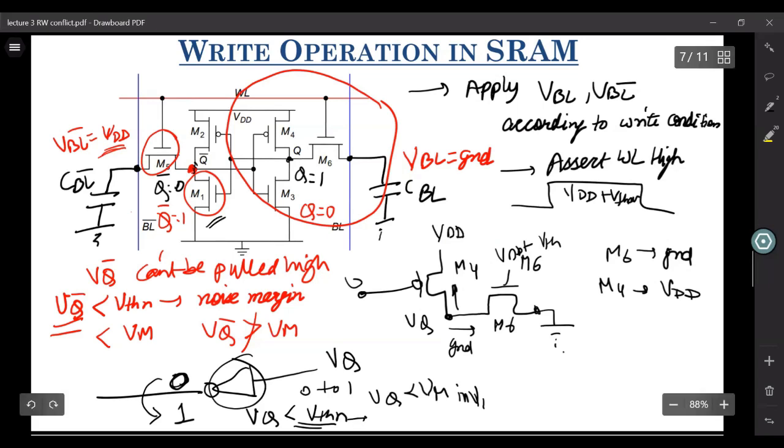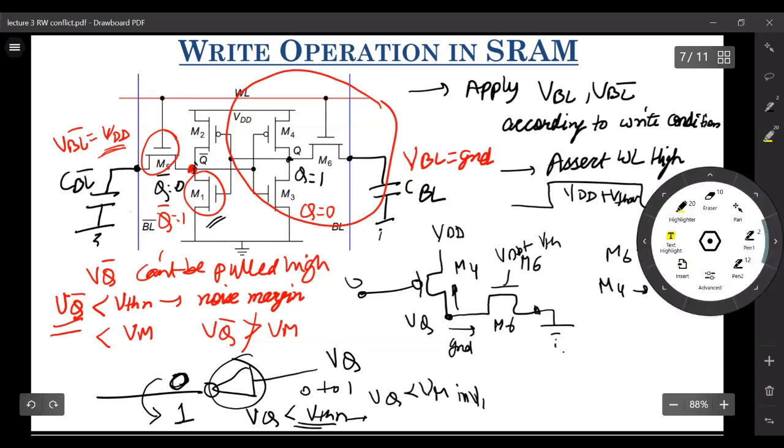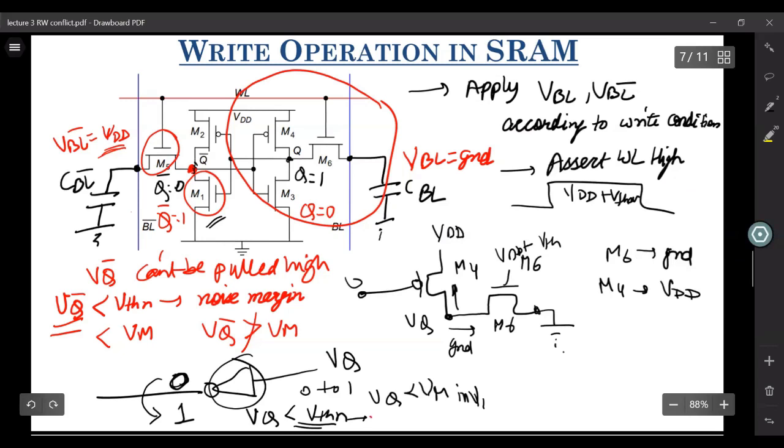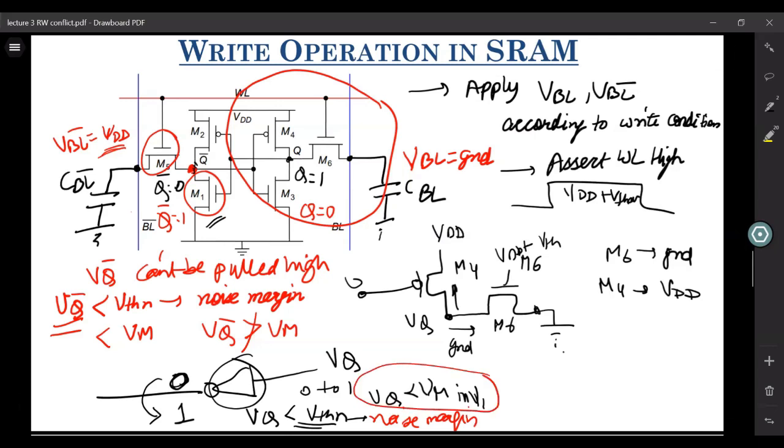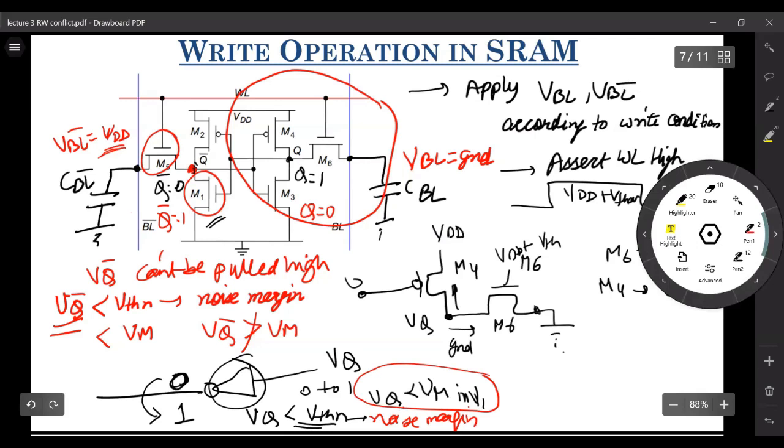So this is the case when you require this noise margin, and this is the case which will definitely do this. This is the necessary criterion, I would say, and it is necessary and sufficient.